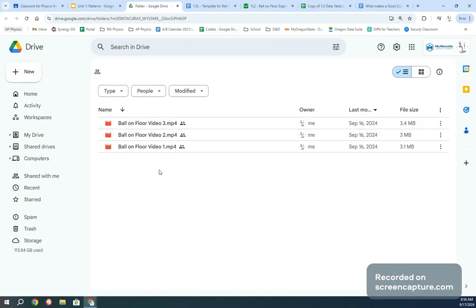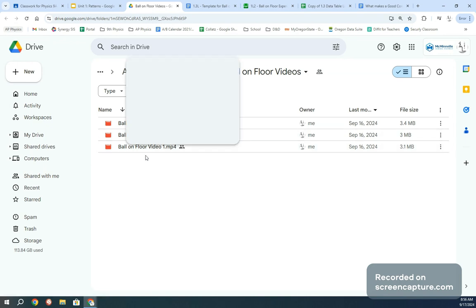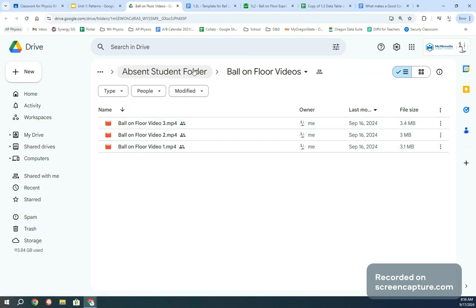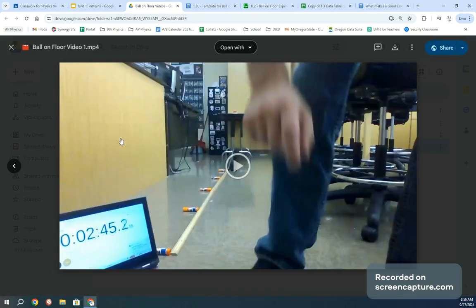If you save these videos onto your Chromebook and move them into your Google Drive, or just save them directly into your Google Drive, it's going to make it a lot easier to play them. The controls are better if you play it through the Google Drive. So that is my recommendation.